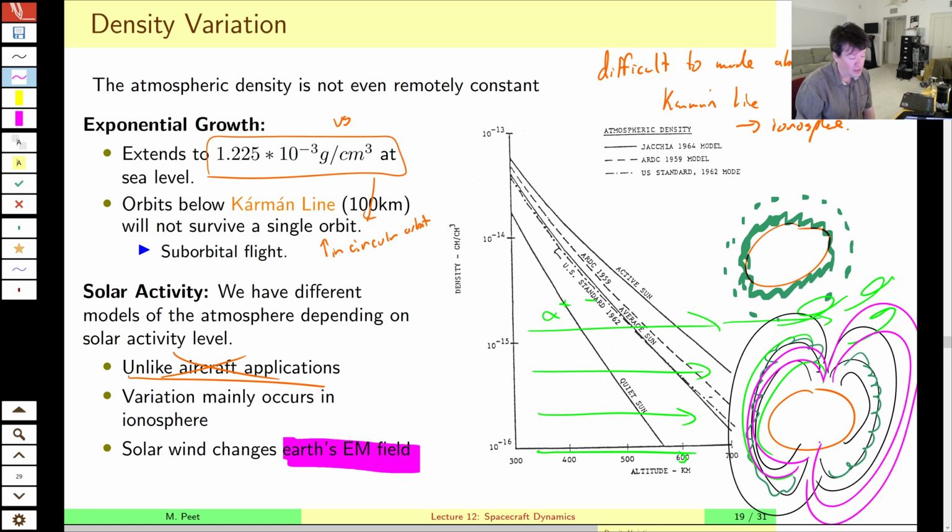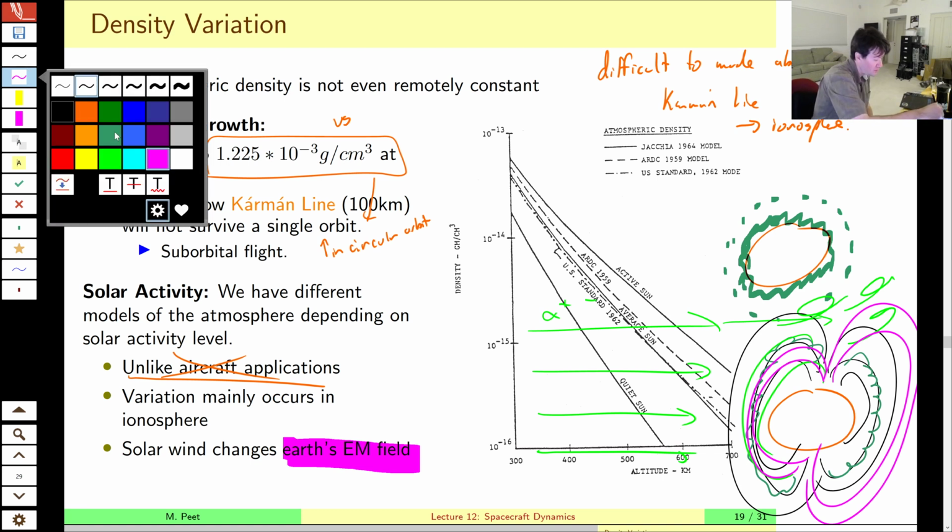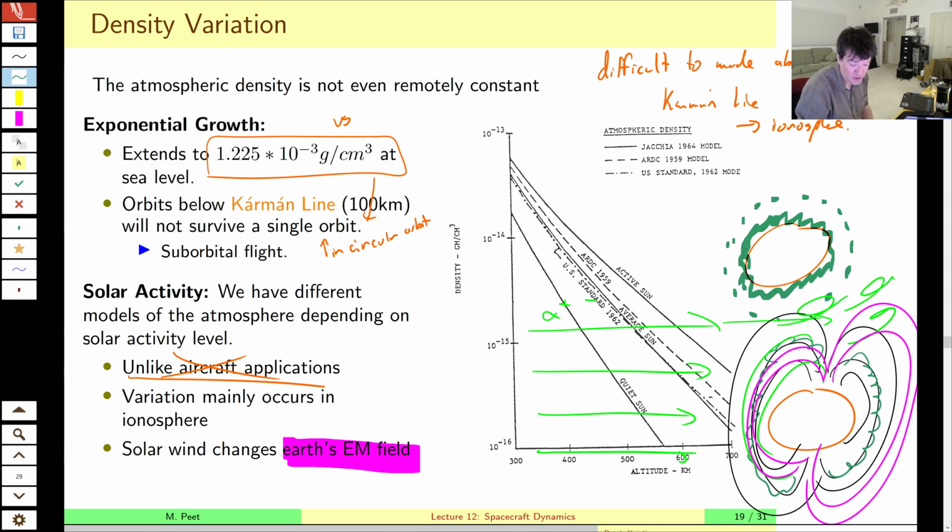Some of the charged particles are closer to the surface, but some of the charged particles are now farther out because that same field line on the other side is pushed farther away. And so it's these particles that are the problem.